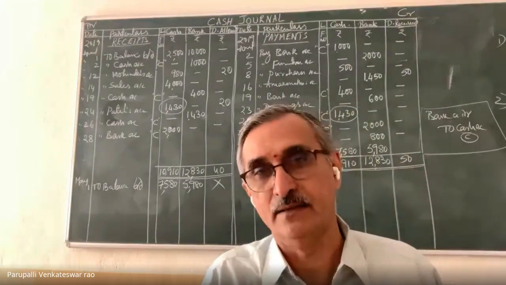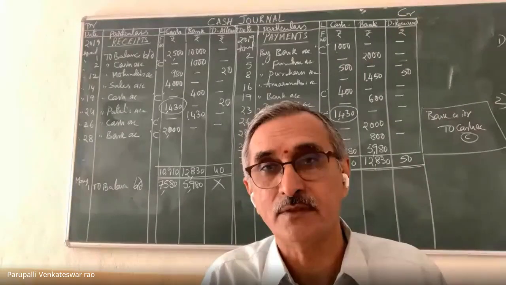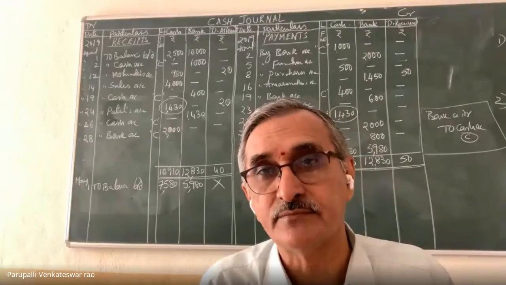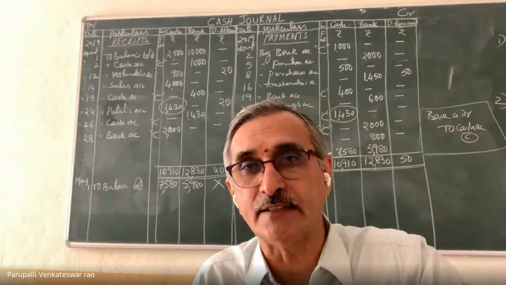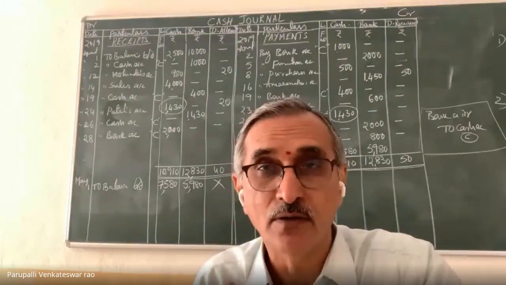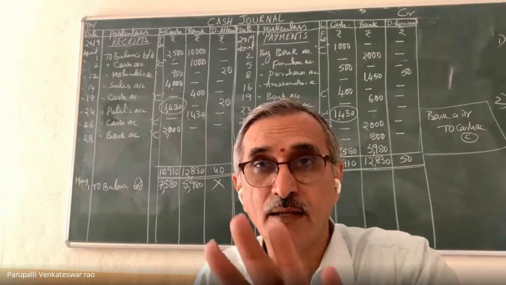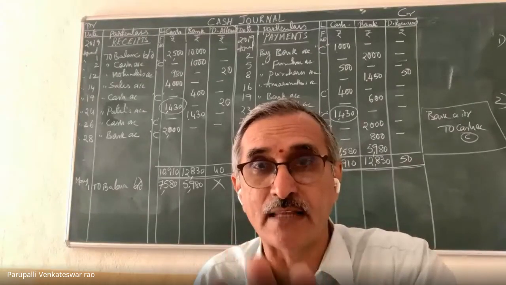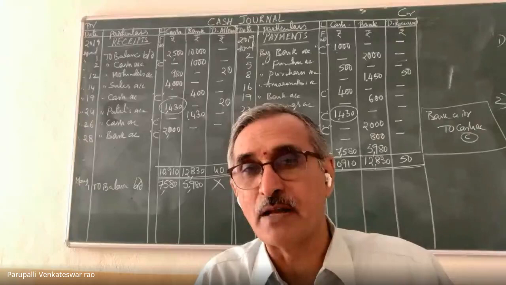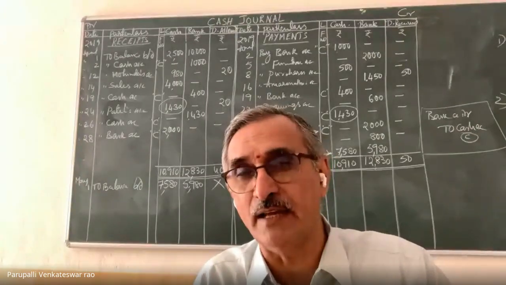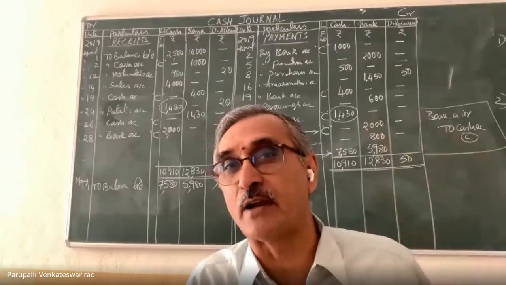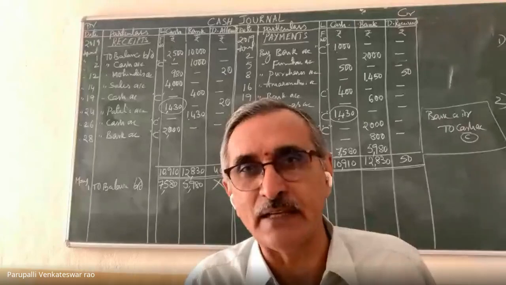Even if it is not stated, checks received are deemed to have been deposited on the same day. Had it not been mentioned that it was deposited subsequently, we would have recorded the 1430 in the bank column on the 24th itself.